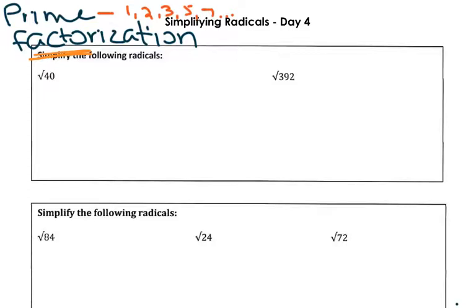So when I'm looking at this, I am putting 40 in my calculator. I'm looking at the factors, and I'm going to work with something that I'm familiar with. I'm familiar with the numbers 4 and 10. Those are both factors of 40.